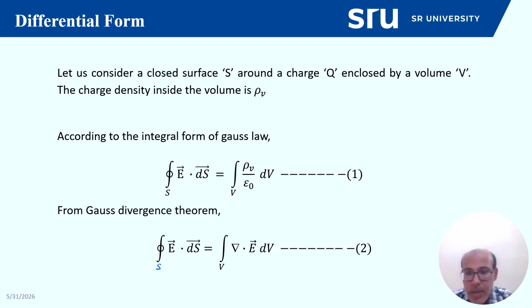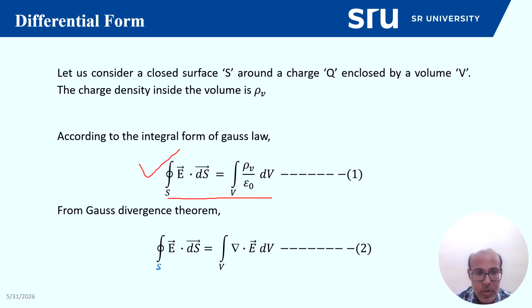Now we try to bring it to the differential form, where both left hand side and right hand side are represented in the form of differential equations like d by dx. So this is the integral form we have seen just now.